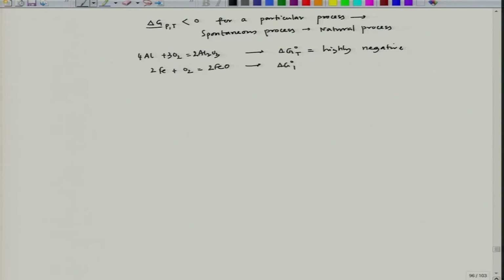Here delta G0 at temperature T, if I compare these two processes at the same temperature, this will be negative. I am just putting a comparative statement.